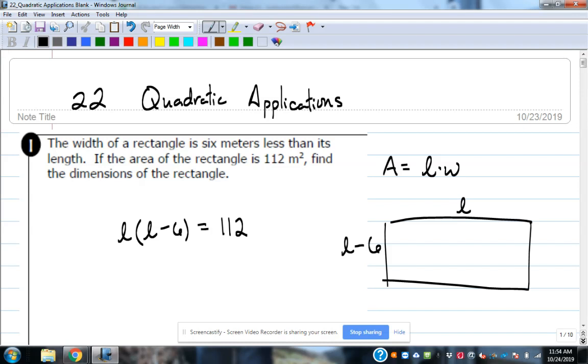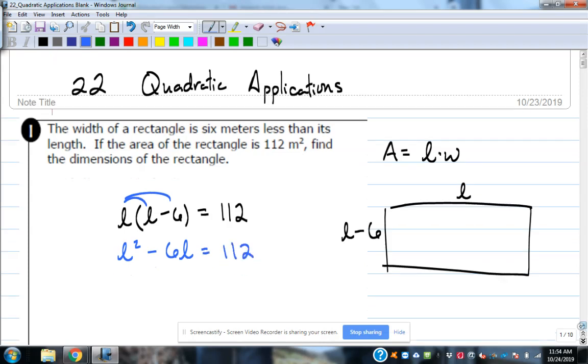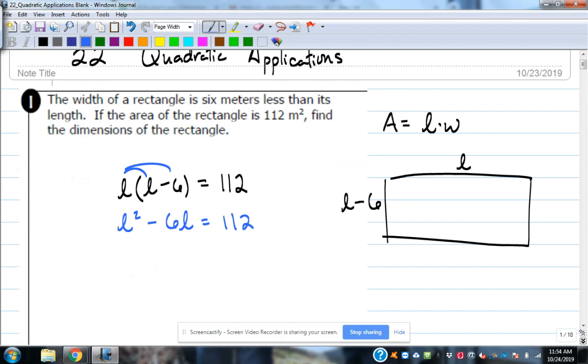And this is kind of a quadratic. If I distribute the L, I get L squared minus 6L equals 112. Now, for sure, I know that's a quadratic because it's got a variable squared. So I've got to think about the different methods I can use to solve that quadratic. A lot of options on this one, and some are easier than others.